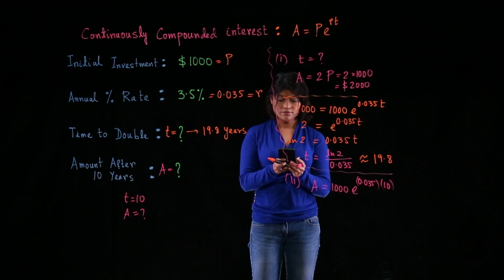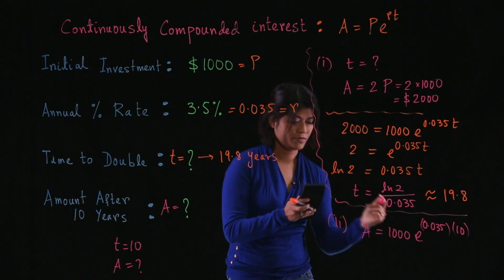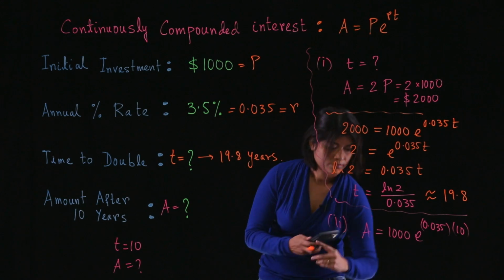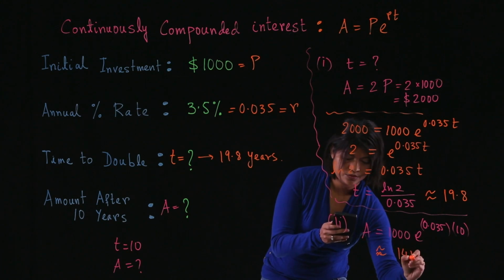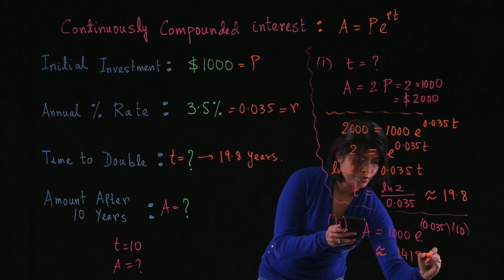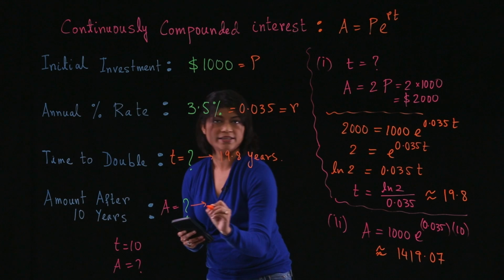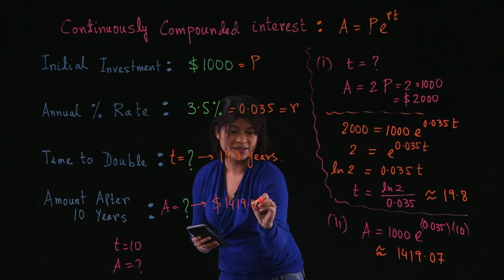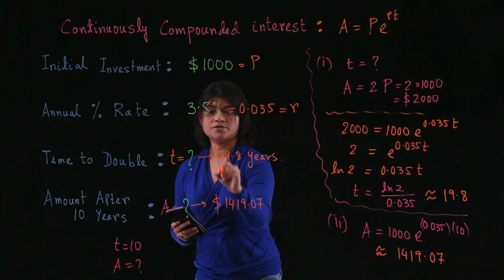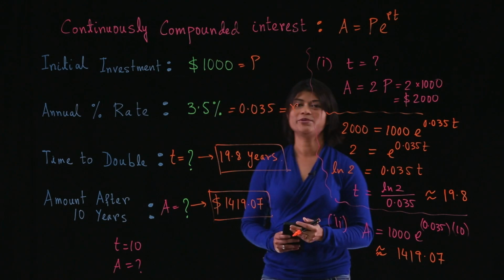Again, use a calculator, plug in all these numbers: 1000 times e to the power 0.035 times 10, and this is approximately 1419.07, which means the amount after 10 years will be about $1419.07. So we found all the missing numbers. Thank you.